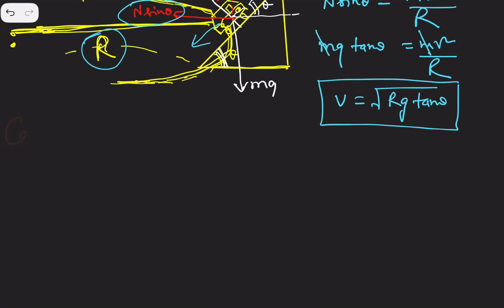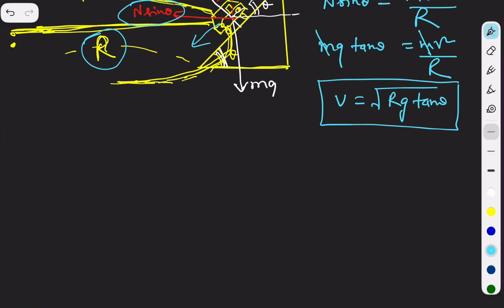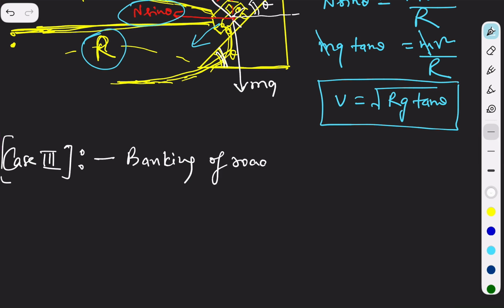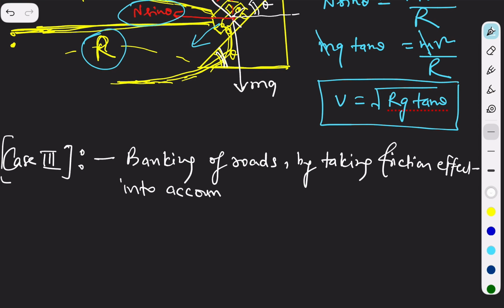Here we will understand banking of roads by taking friction effect into account. This is the idea that we want to explore now.